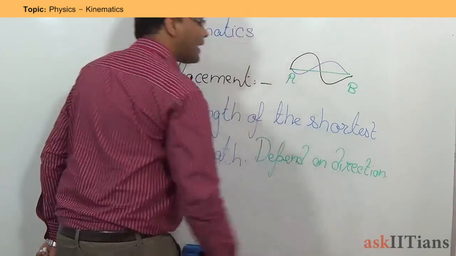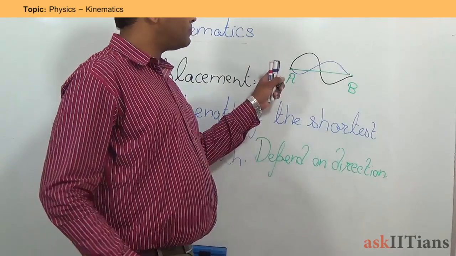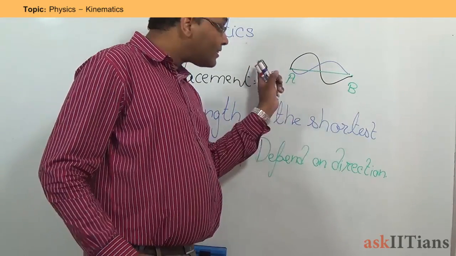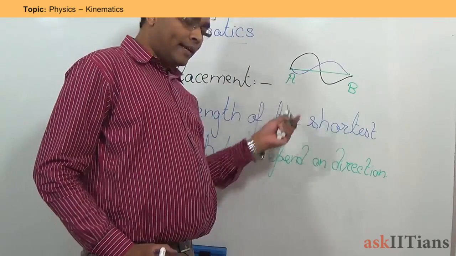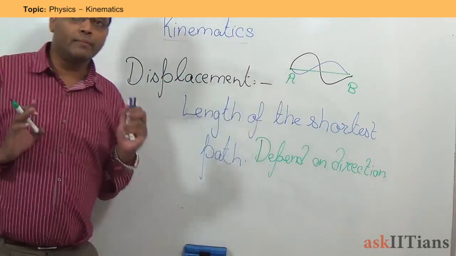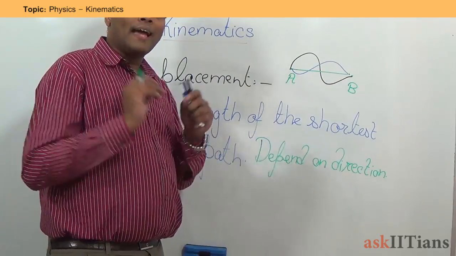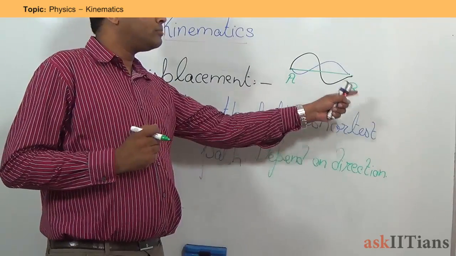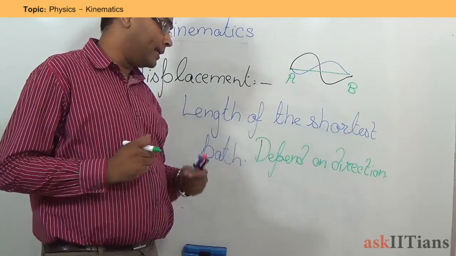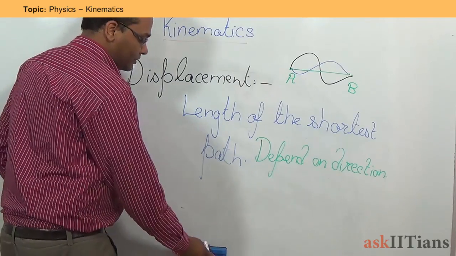So this is actually a vector quantity. Whether you are going from A to B or coming from B to A, the magnitudes are going to be exactly the same, but there is going to be a minus sign associated. That is, the displacement AB is going to be equal to minus the displacement BA. Okay? So this is what we call displacement.